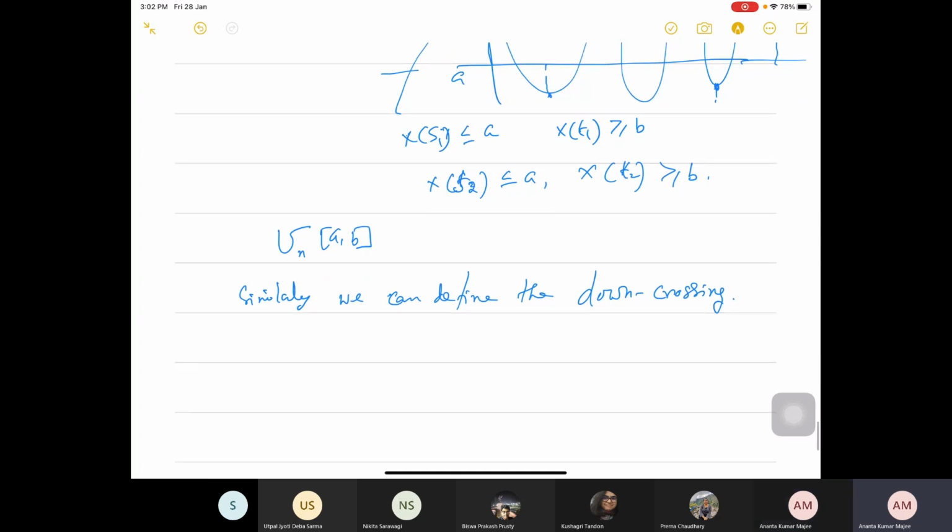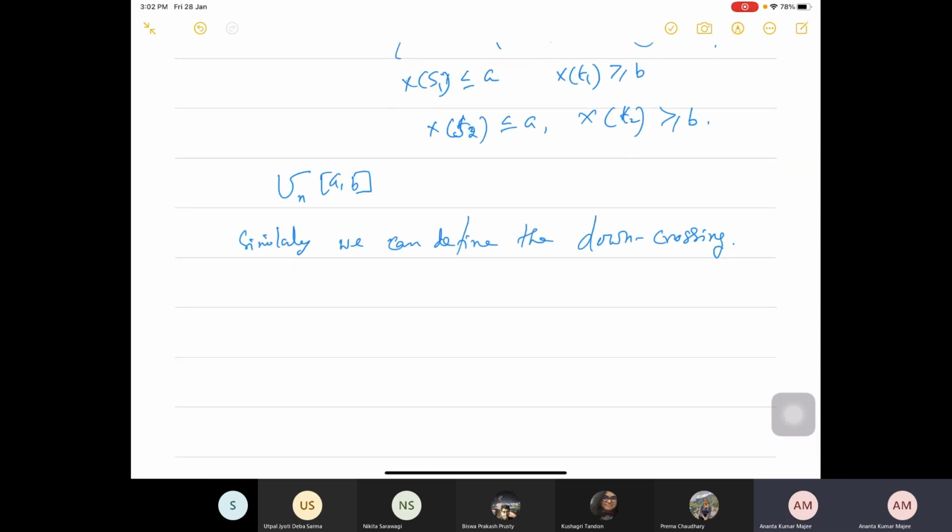Okay, so observe that between two down crossings there should be at least one up crossing. Between two up crossings there is one down crossing, and between any two down crossings there is an up crossing.